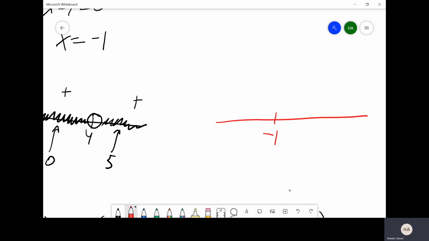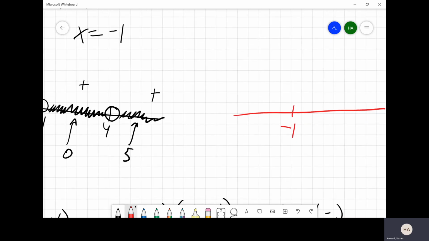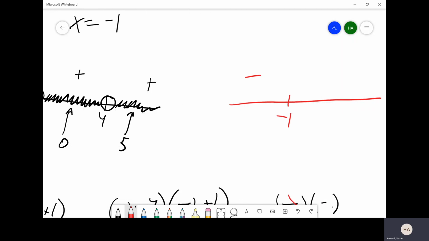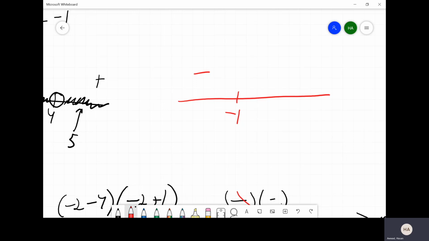We would have ended up with -1, and we would have just had 2 intervals, right? And we tested -2, so we know we would have had a negative here, so the left side wouldn't work, but we would have tested probably like 2 or 3, or 0, in fact. We tested 0 before, and 0 ended up working, right? So nothing would have told us to test at x is equal to 4.